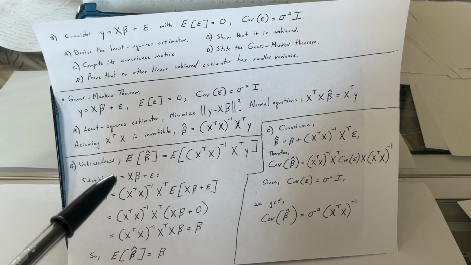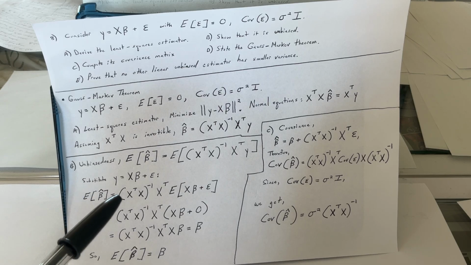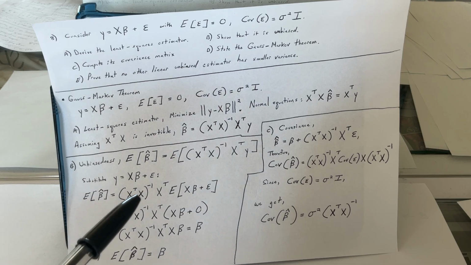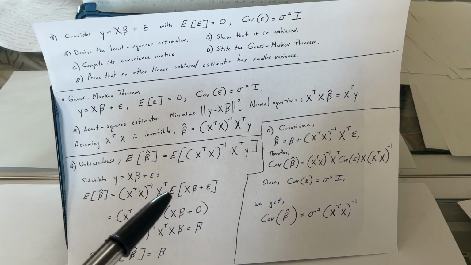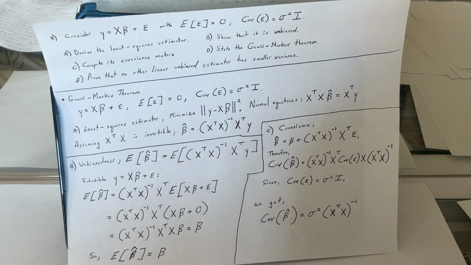We substitute for y, and we wind up with the expectation of β hat equals (X transpose X) inverse X transpose times (Xβ plus ε), and then just performing the operations, this comes out to β at the end.